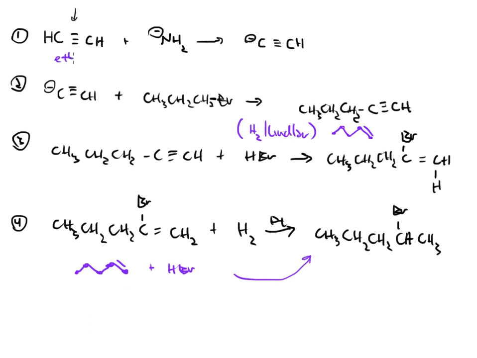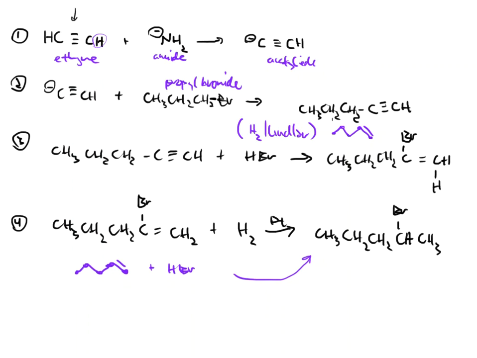I have just taken ethyne and reacted it with sodium amide to deprotonate the alkyne to make the acetylide ion. I then took the acetylide ion and elongated the chain by adding propyl bromide to the molecule.